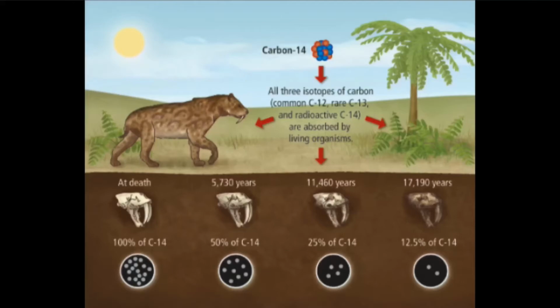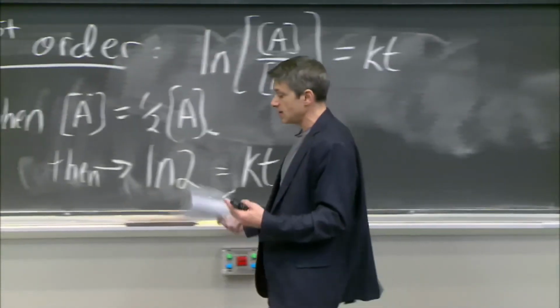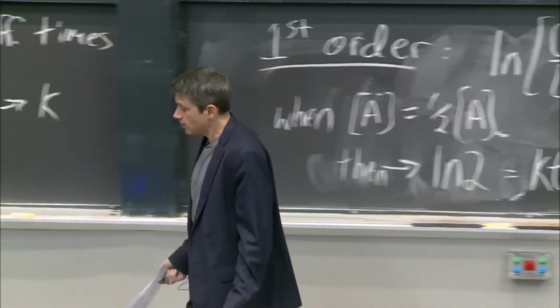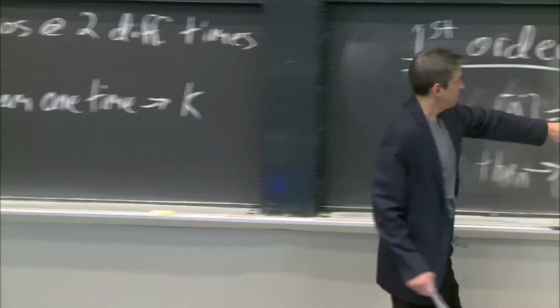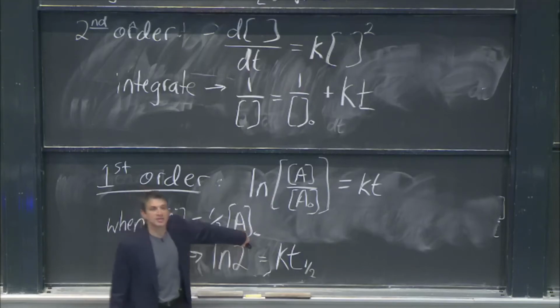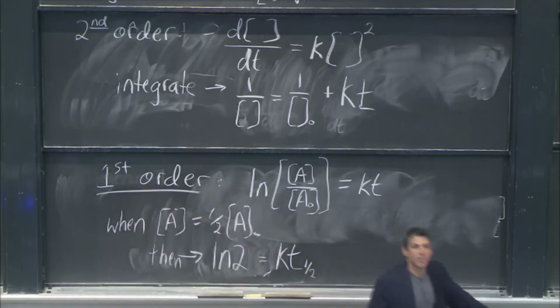And it turns out that there's a certain concentration of that in the atmosphere at any given time, and we can go back in history and know how much concentration there was in the atmosphere. And we know if these animals are breathing it in, they should have that concentration at A naught. Except this isn't a concentration, this is a number of atoms.